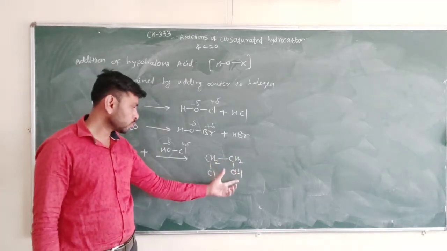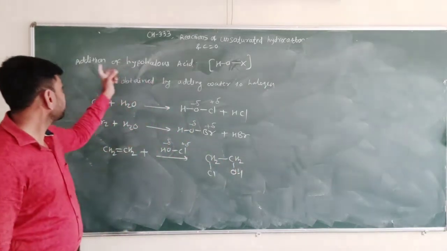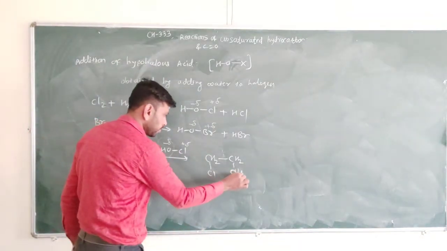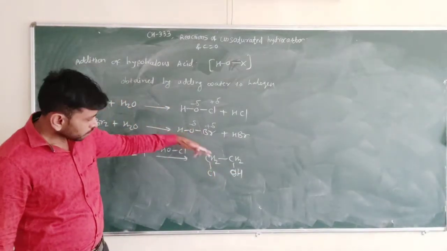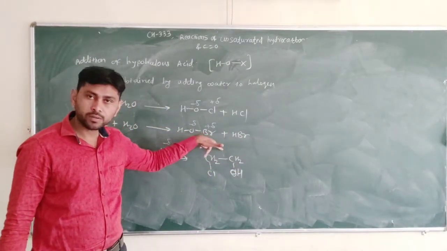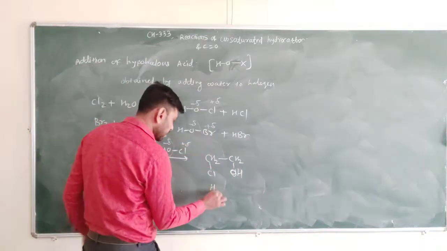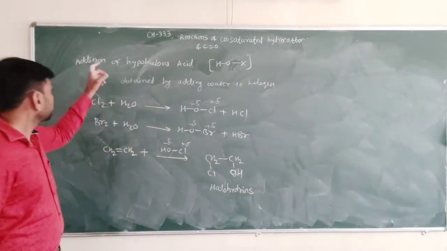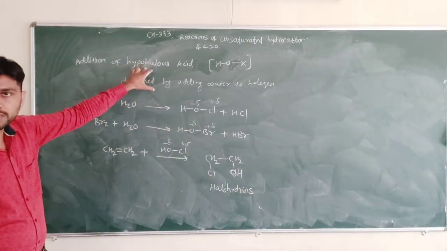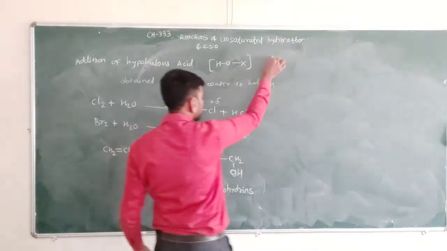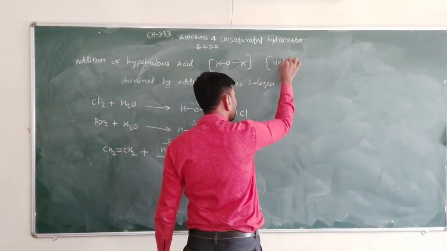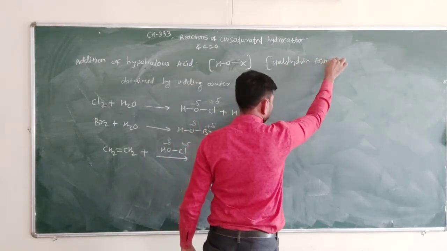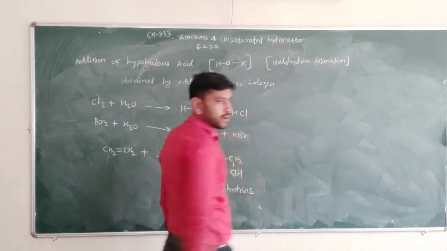So these two groups are attached to adjacent carbons in the addition of hypohalous acid, and such compounds containing a halogen and OH group on adjacent carbons are called halohydrins. This reaction is also called halohydrin formation.